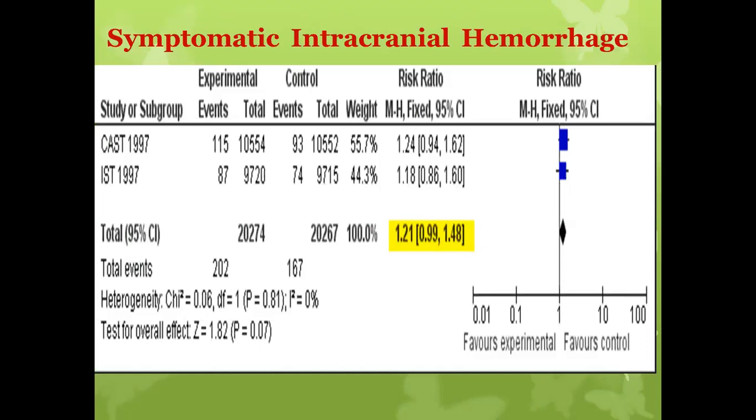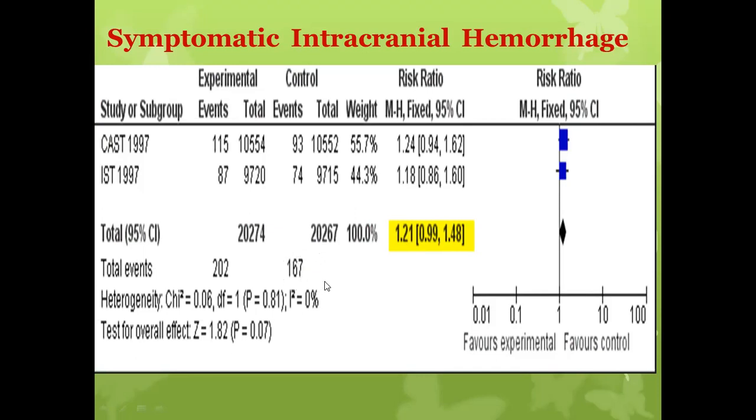Okay, let's check this example. This was a meta-analysis of 2 trials in Cochrane about aspirin versus placebo in ischemic stroke, and the outcome was intracranial hemorrhage. If I check here, the confidence interval has 2 ends, one below 1 and one above 1. So does aspirin increase it or not? Let us first check the event rate in the control group.